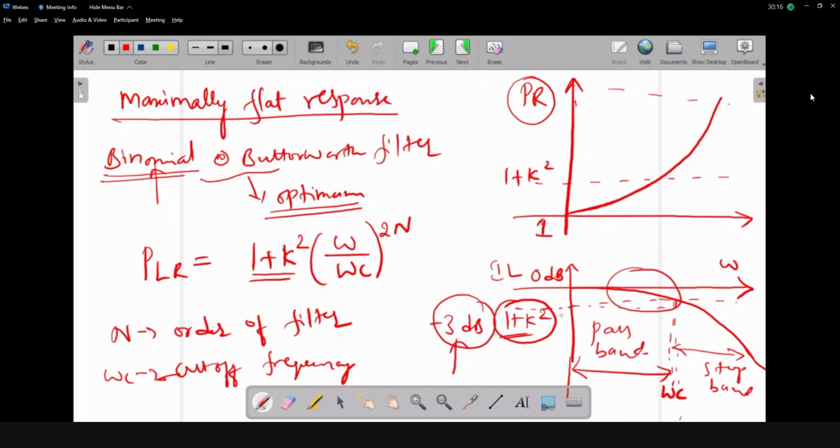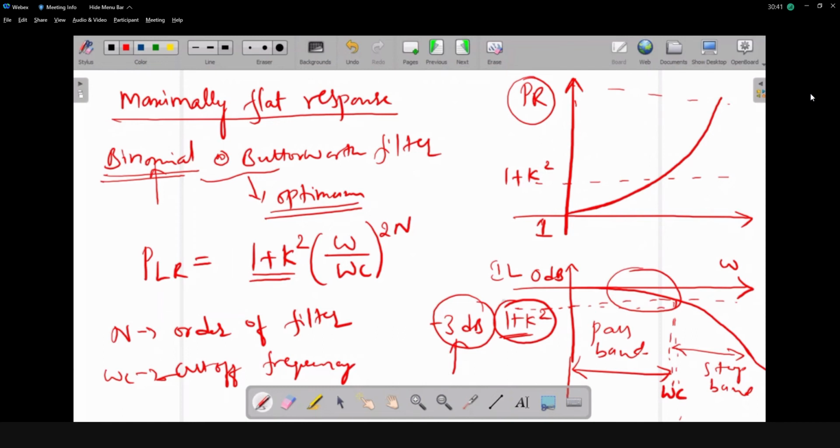Then we can find out the value of k. If we choose 1 plus k square as minus 3 dB, then commonly we can choose k as 1, and then you get minus 3 dB.